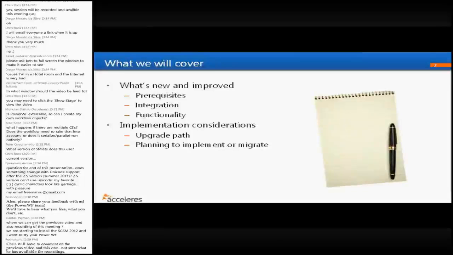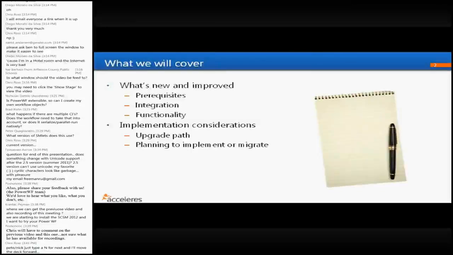So we're going to try to highlight what we think are some of the most interesting and significant points about the application, about what's new, specifically prerequisites, integration, and functionality. And then at the end of the presentation, we want to talk about implementation considerations. And within that, we want to talk about the upgrade path. And then we want to talk about some considerations if you're planning to either implement new or migrate from 2010.